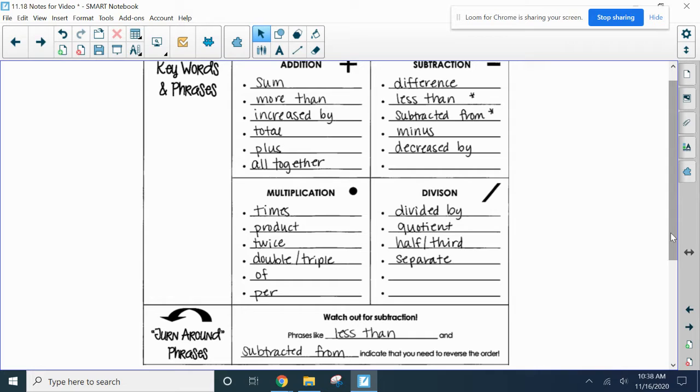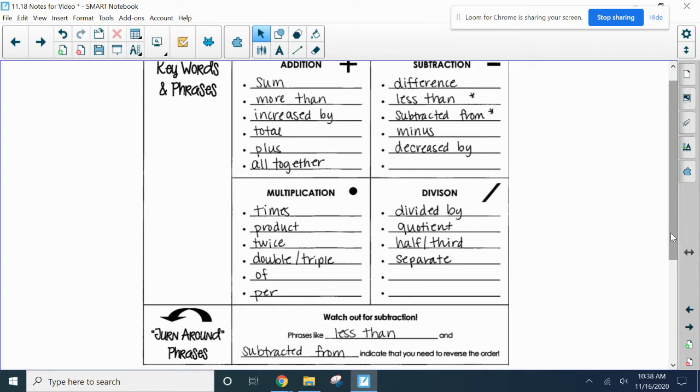So we're going to add those two together. Increased by, so we are adding a number to increase it. So addition. Total, you're putting two parts together. So you have to add them together to get the total. Plus is just another word for addition, and all together, again, we're putting pieces together. In order to combine pieces, we'd have to add.